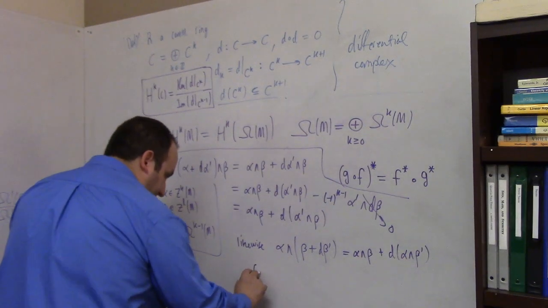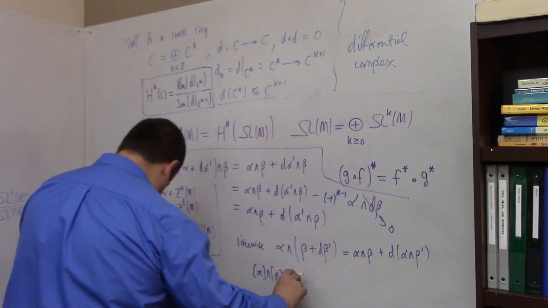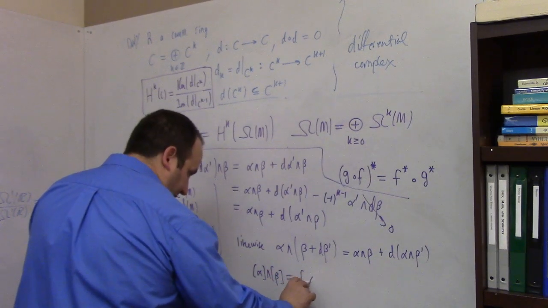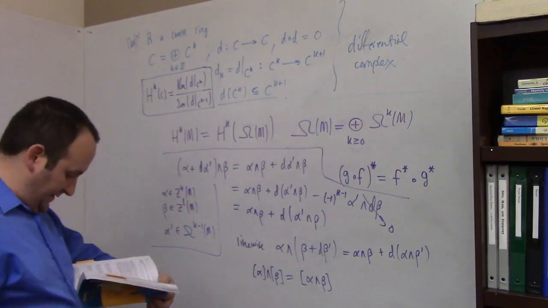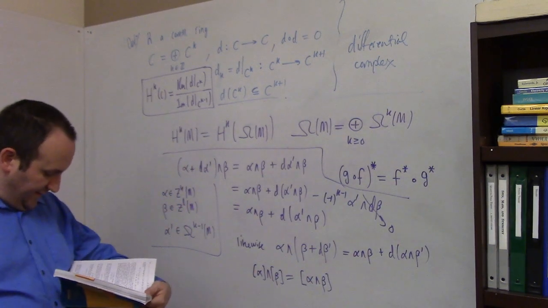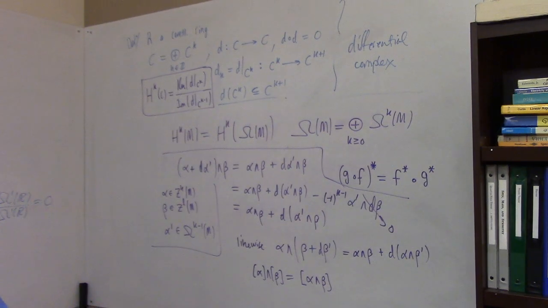Here's the product: we take the cohomology class of alpha, wedge the cohomology class of beta, and shockingly we define it to be the cohomology class of alpha wedge beta. He says this gives the de Rham cohomology of M a graded ring structure. And in a nutshell, that's one of the reasons that cohomology is more interesting than homology, because of this ring structure, right?